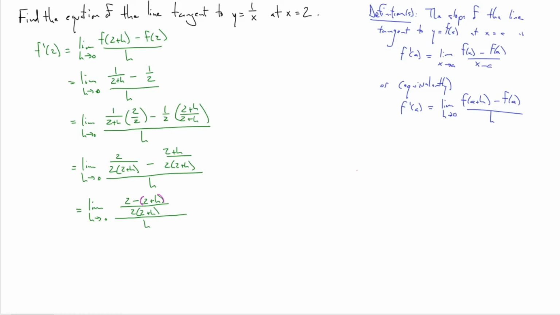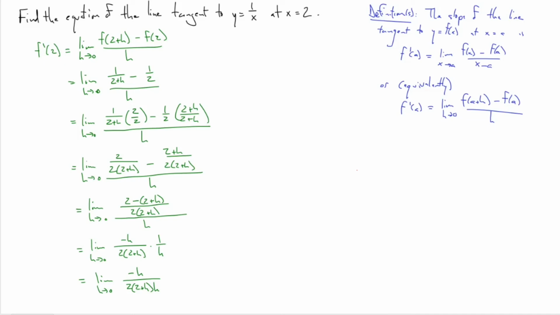We can simplify that expression some, and we also are in the situation where we have a fraction on top of a fraction. Dividing by h is the same thing as multiplying by 1 over h, so dealing with both those things at once, we're left with just a negative h in the numerator. 2 minus the quantity 2 plus h is just negative h. And when you multiply by 1 over h, you get negative h over 2 times (2 plus h) times h.